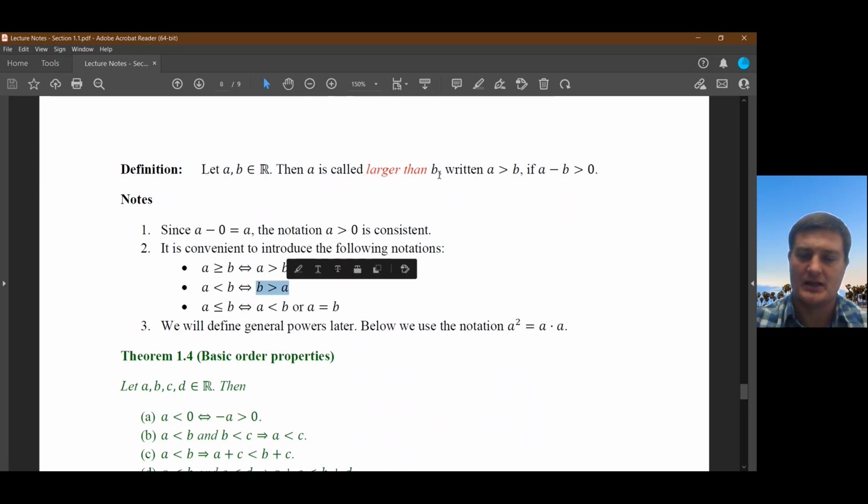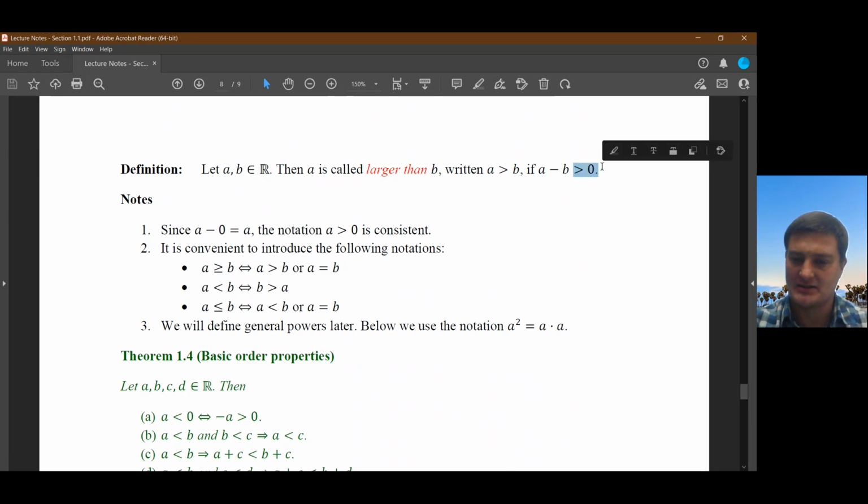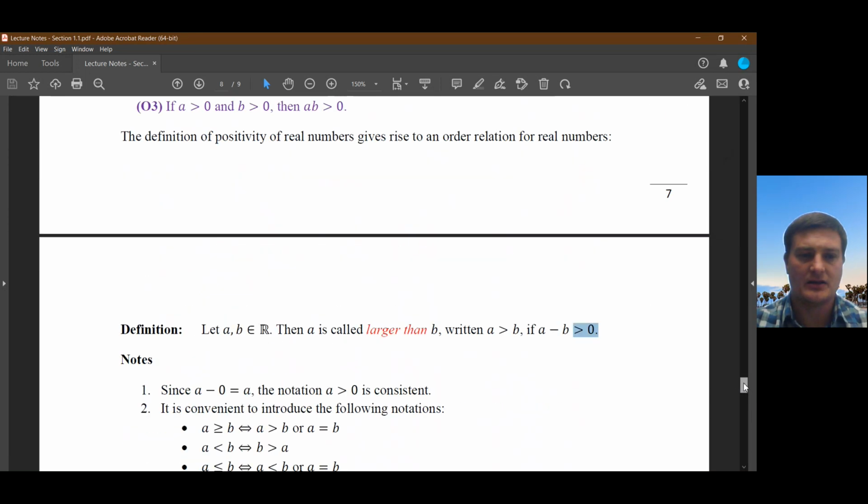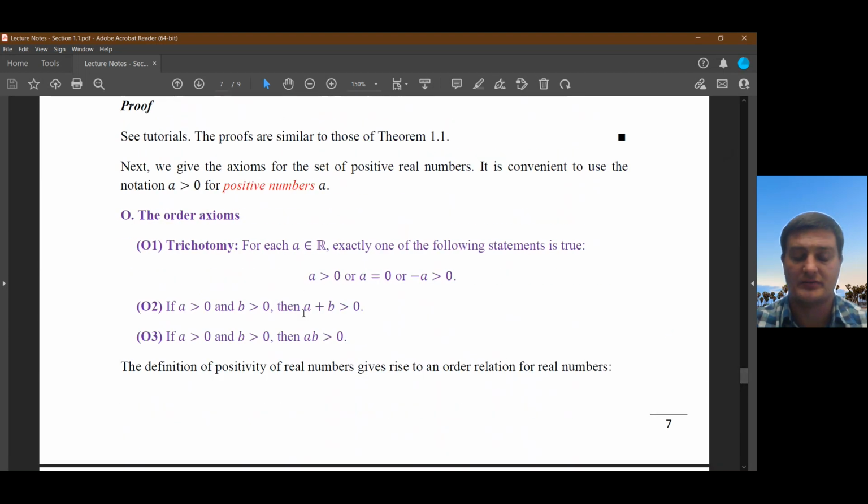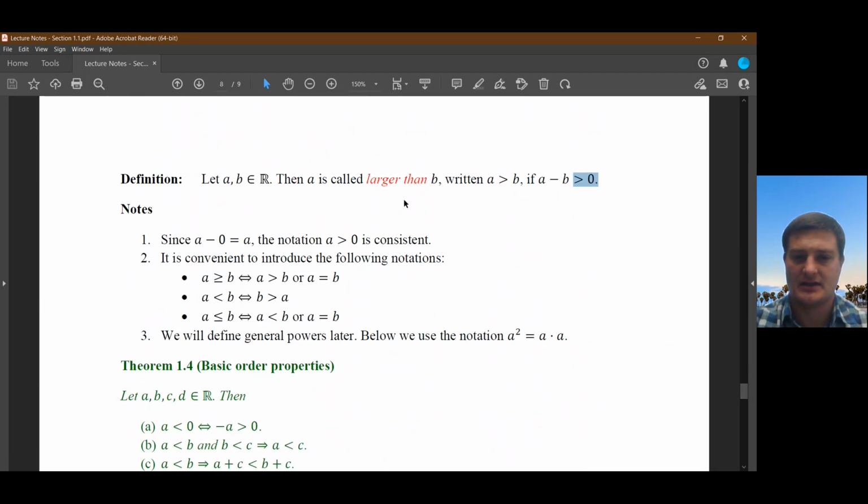Your second step will be to use this definition to convert A larger than B into A minus B greater than 0. Once I have the format greater than 0, I can make use of the axioms. When I'm done with the axioms, I can change back using the first definition and these three notations to get whatever I wanted to prove. And that's exactly what we're going to do in theorem 1.4.